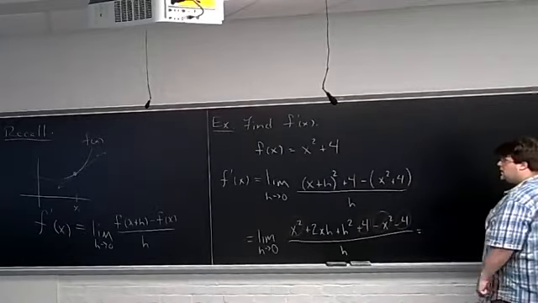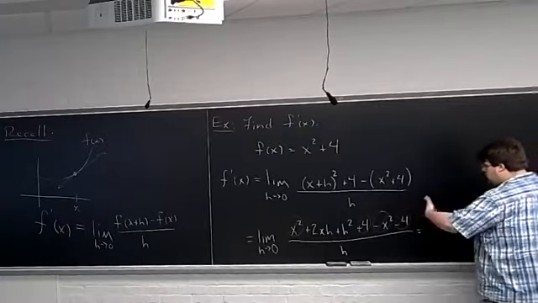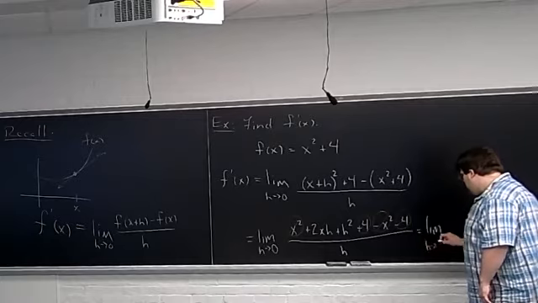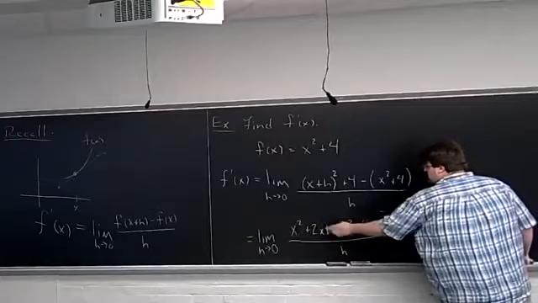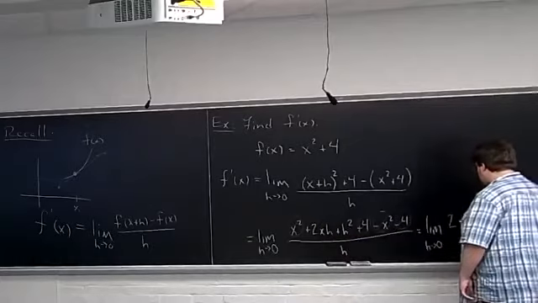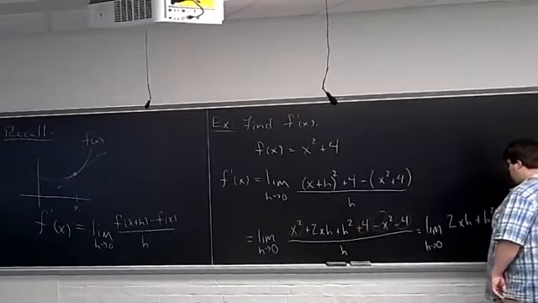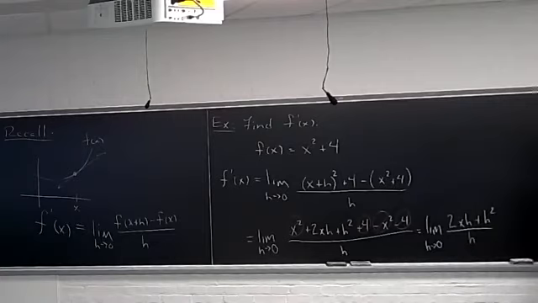What happens when we rewrite this without those zeros written in? It's still a limit. We haven't taken a limit yet. But all we have left are 2xh. We have h squared. And it's still divided by h. Any questions about getting to here?